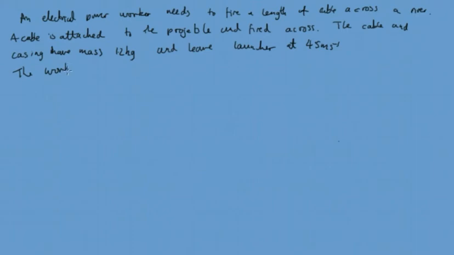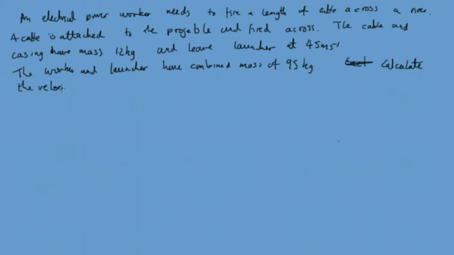The worker and launcher have combined mass of 95 kilograms. Calculate the velocity of the recoil.